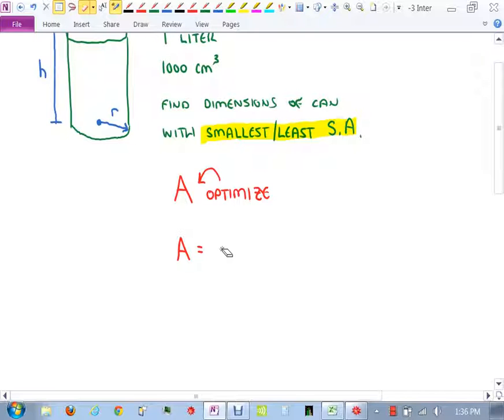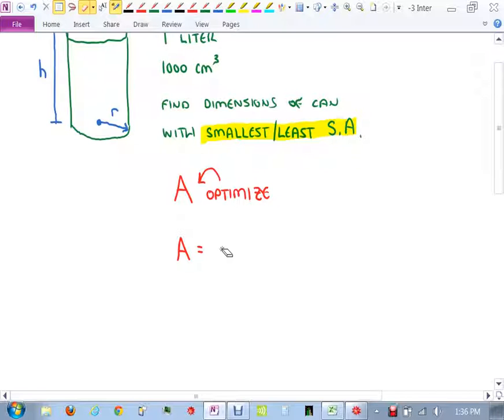Just cut it open. What do you have? Length times width. How high is it? Well, the height of the can. How long is it? It's the circumference of the circle, which is 2 pi r. So if you take that can and you cut it open, you have two circles, pi r squared here, pi r squared here.